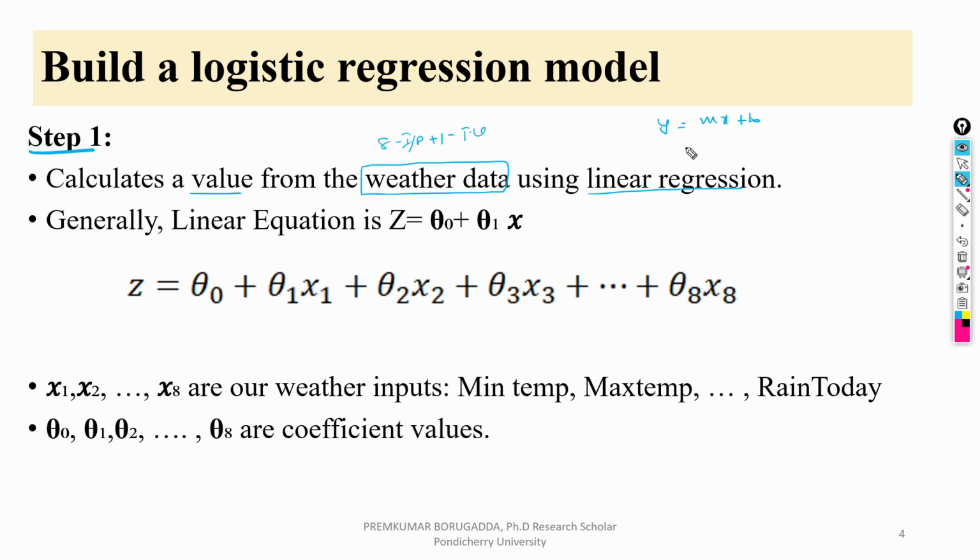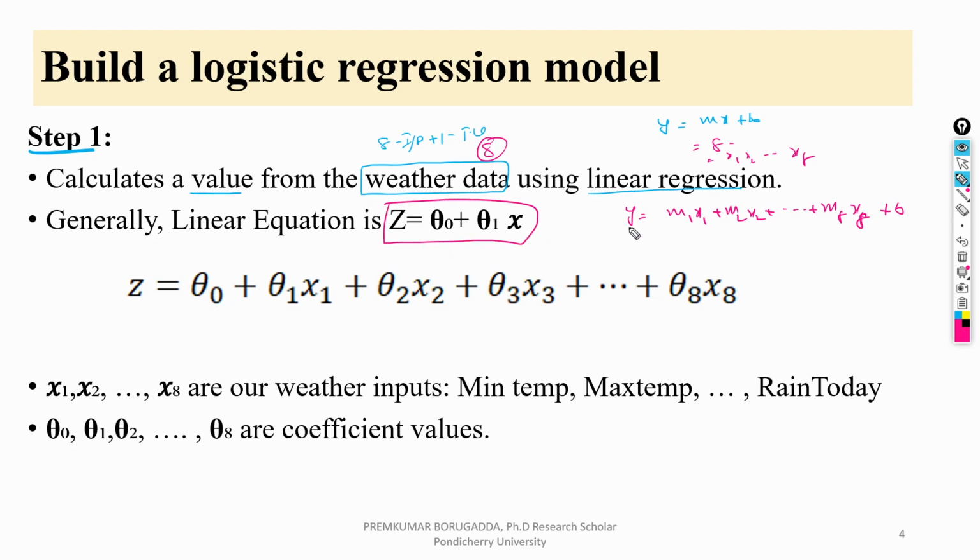Here our data contains 8 independent variables, that's why we are taking x1, x2 up to x8, which means our equation will be y is equal to m1 x1 plus m2 x2 up to m8 x8 plus b. This is our linear equation.